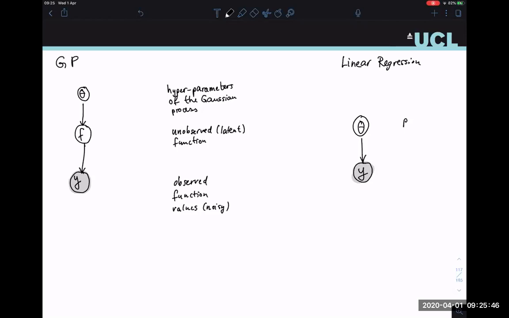These are the parameters of the model. And so what did we do on Monday to find good parameters of the model?